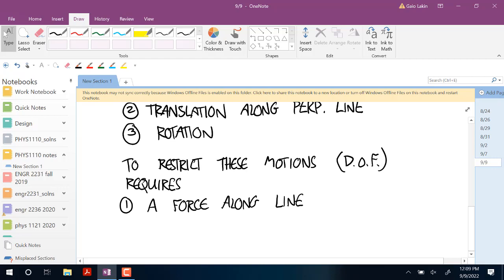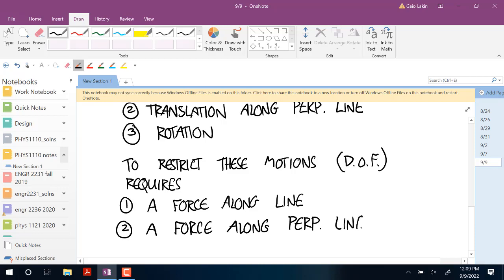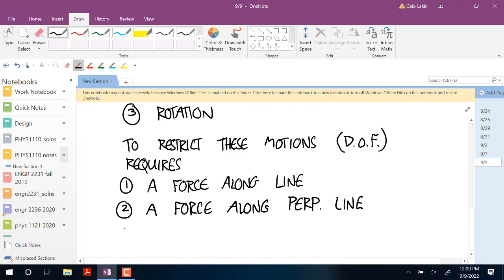To restrict the translation along the perpendicular line would require applying a force along that perpendicular line. And to restrict the rotation would require a couple. And that's all we're going to see from these joints.